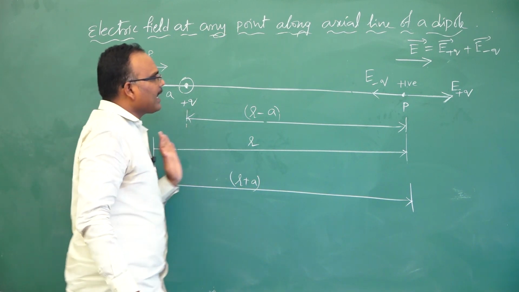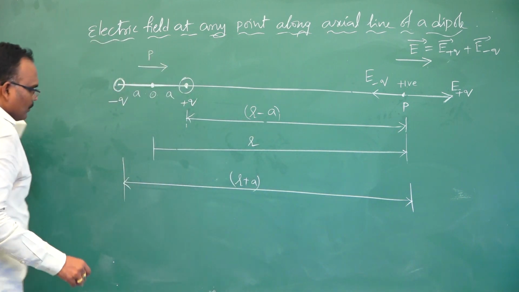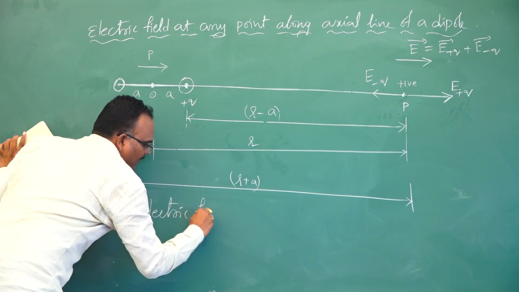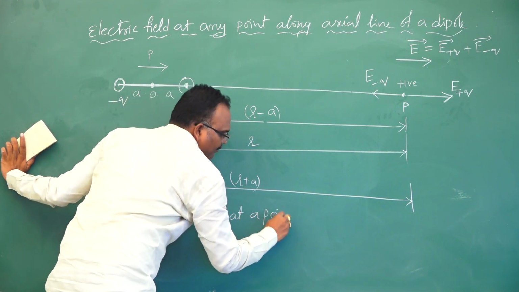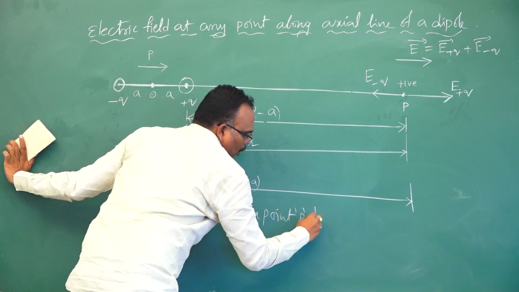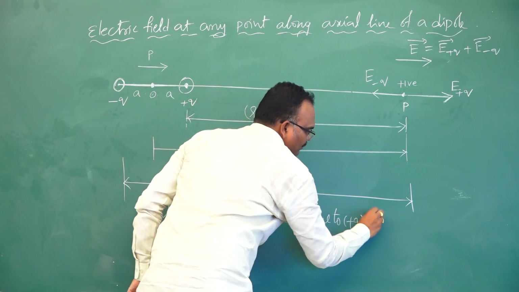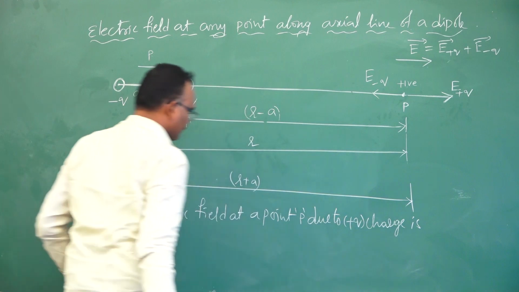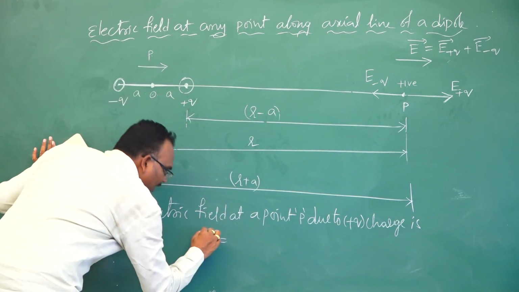Here I am calculating electric field due to the positive charge now. Electric field at a point P due to positive charge is, E is equal to, now I am writing in vector form.